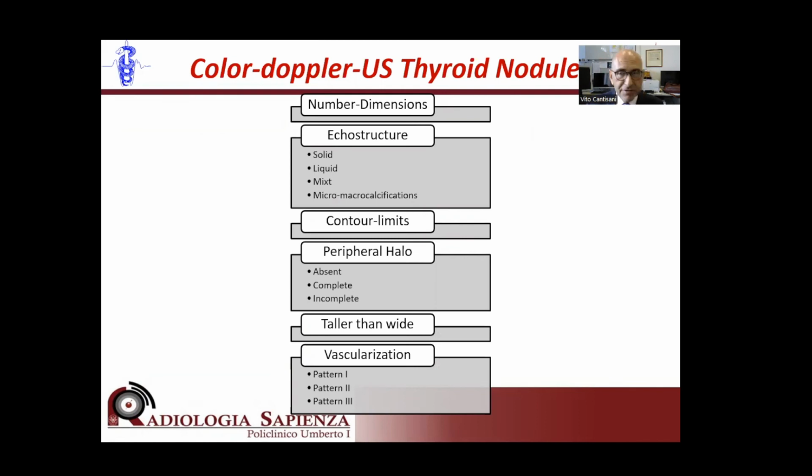We identify nodules, we measure them, we report, and we describe echostructure, the presence and the characteristics of contour and limits, the evidence of peripheral halo, that is a benign sign, especially if it is complete, symmetric, and not thickened and irregular. The appearance of taller than wide, that corresponds to the increased vertical growth, and the vascularization.